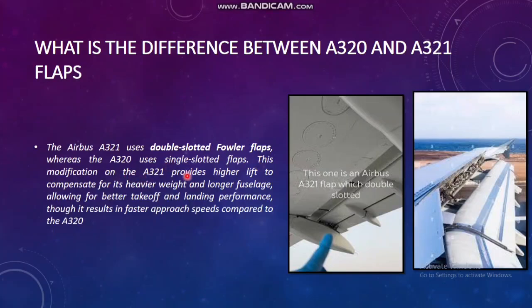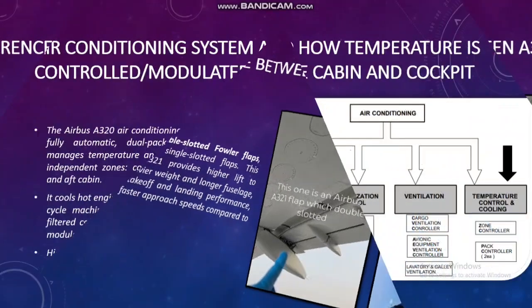This modification in the 321 provides higher lift to compensate for its heavier weight, because in the 321 obviously weight will increase, passengers will increase. So because of this they are using double slotted flaps for higher lift, and the longer fuselage allows for better takeoff and landing performance, though it results in faster approach speed compared to the 320. So this is the concept behind the slots.